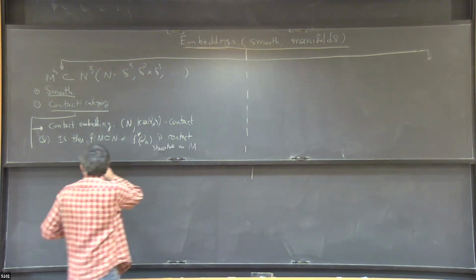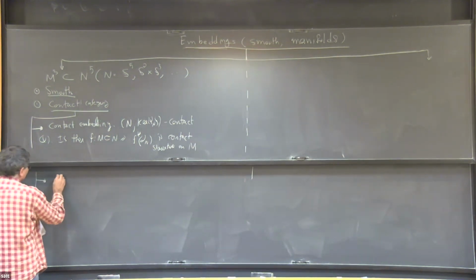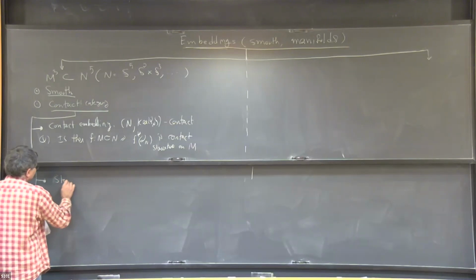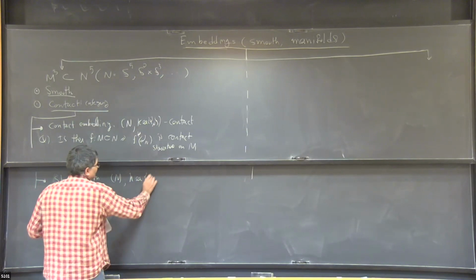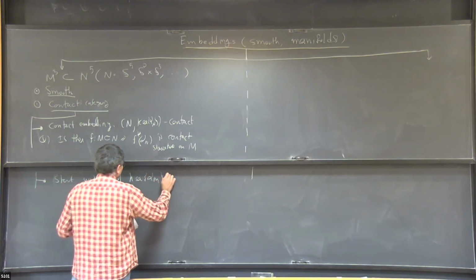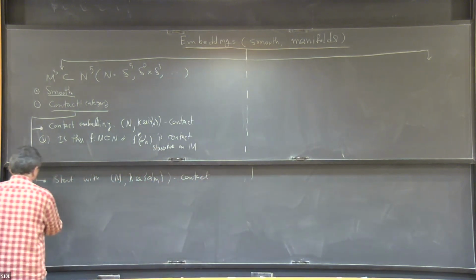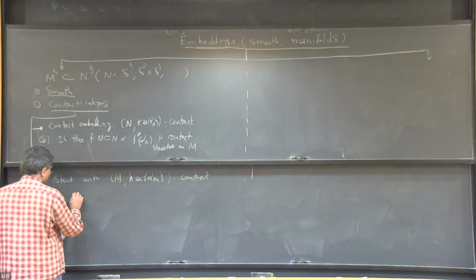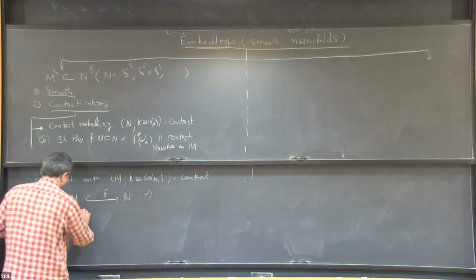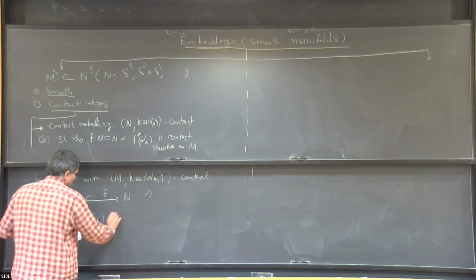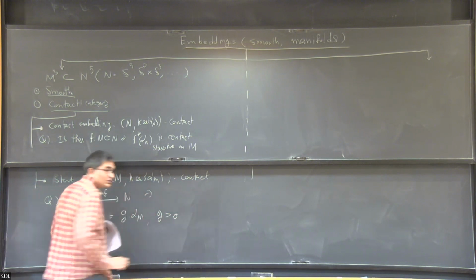On the other hand, you can ask a slightly stronger question. Start with m and a contact structure on m. Is there an embedding f into n such that f star of alpha n is g times alpha, with g positive?